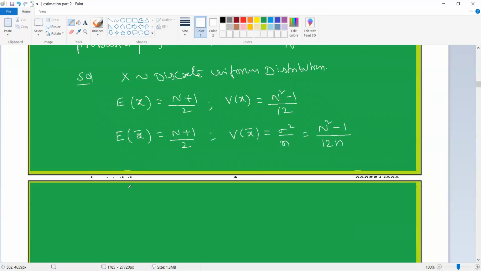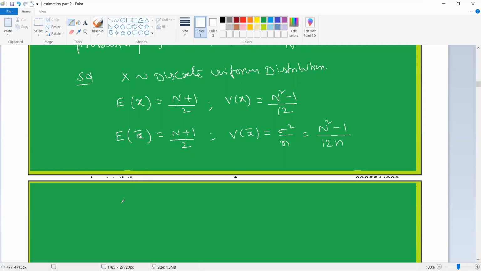By this simple technique, we can directly calculate E of X bar and variance of X bar. Replace X bar by summation Xi by n, already explained in the previous videos. So you should be able to directly write E of X bar and variance of X bar by using the formulas, not the procedure.